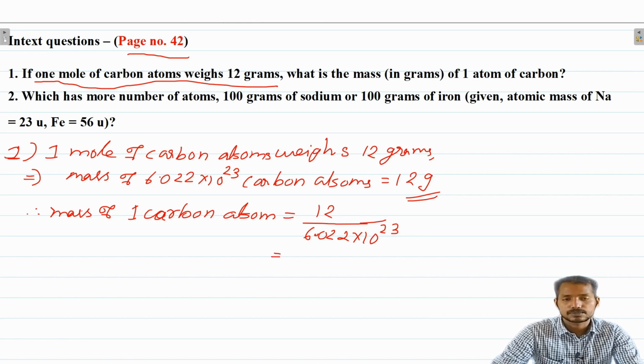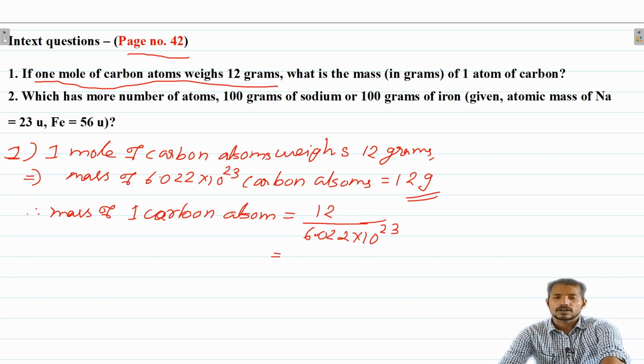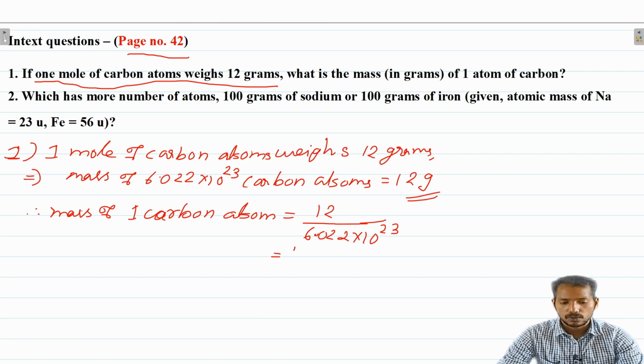Very simple one. The mass of 6.022 into 10 raised to 23 carbon atoms is 12 grams, which means the mass of one carbon atom will be 12 divided by 6.022 into 10 raised to 23. You try the calculation yourself. That is equal to 1.9 into 10 raised to minus 23 gram.